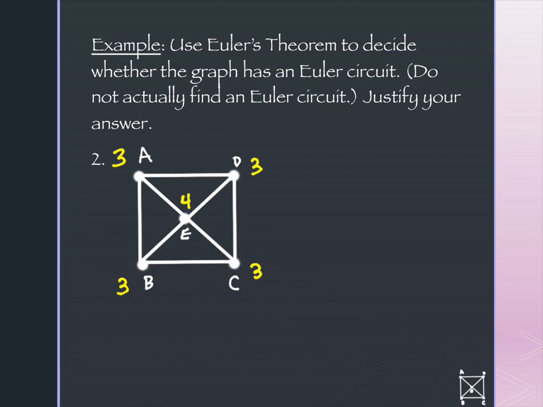If we have at least one having odd degree, it fails Euler's theorem, right? So is this going to have an Euler circuit? No, it's not possible for it to be done. So this will not have an Euler circuit.